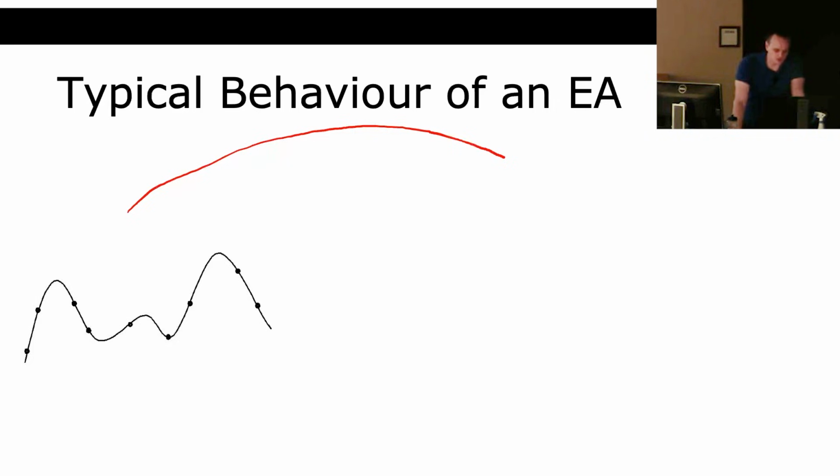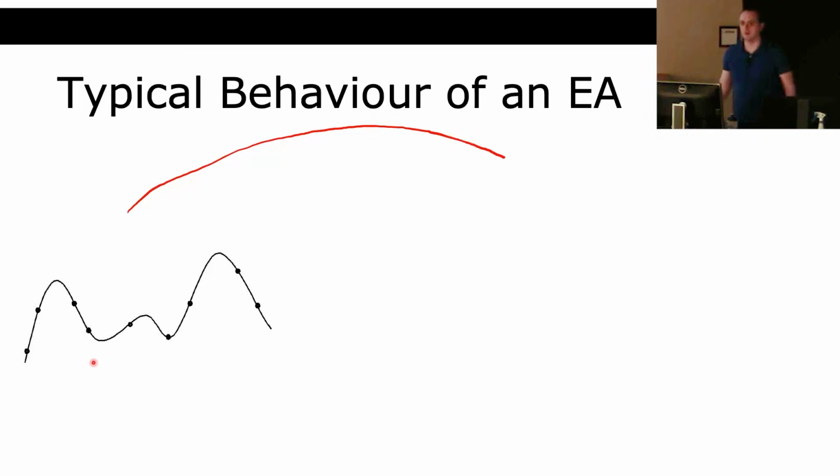But most interesting problems don't work like that. Most interesting hard problems have a bunch of local optima, right? So what happens is your initial population is going to be these dots. These are our 1, 2, 3, 4, 5, 6, 7, 8, 9. Our population of size 9 is probably going to fall on some distribution of those maxima, of those fitness functions.